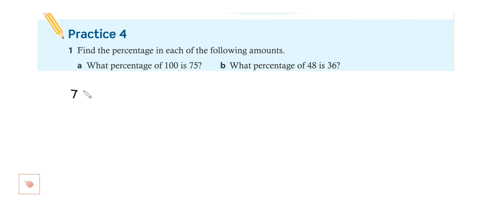So we would say you scored 75 out of a possible 100 if you want to think of it as a test. Okay? Which is 0.75, which if we then do 0.75 times 100, we get 75.